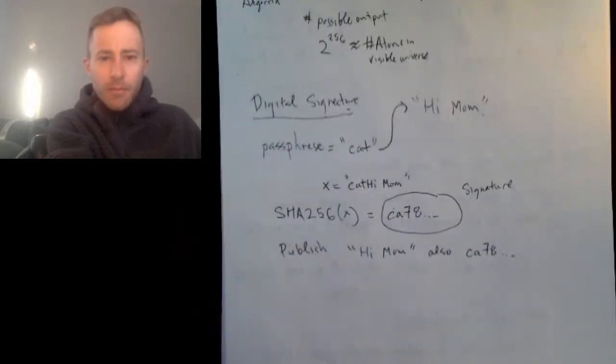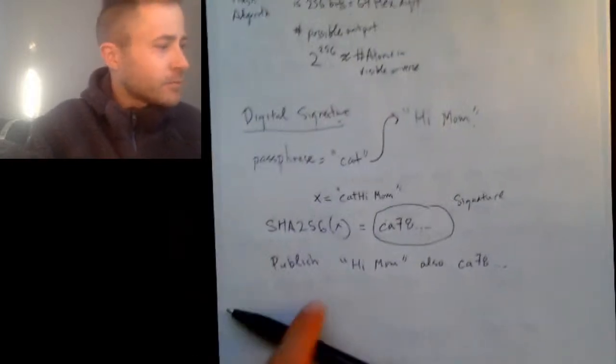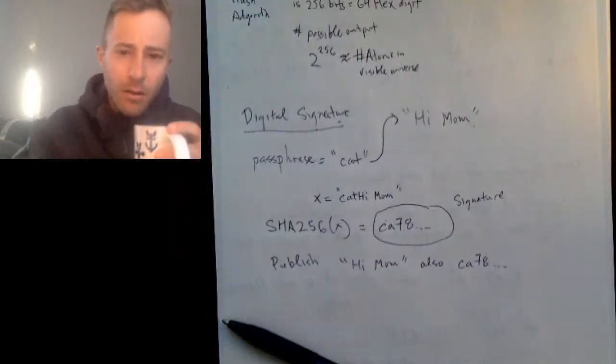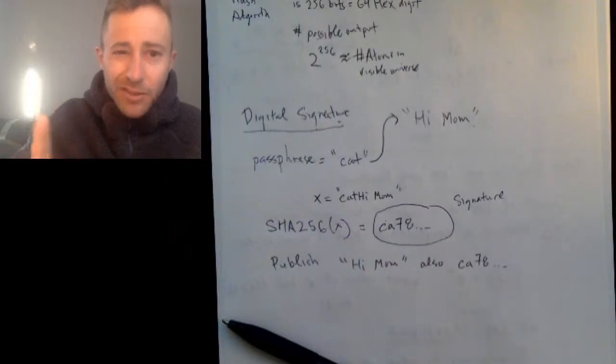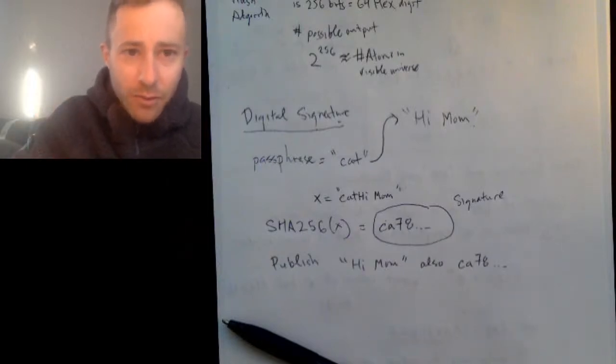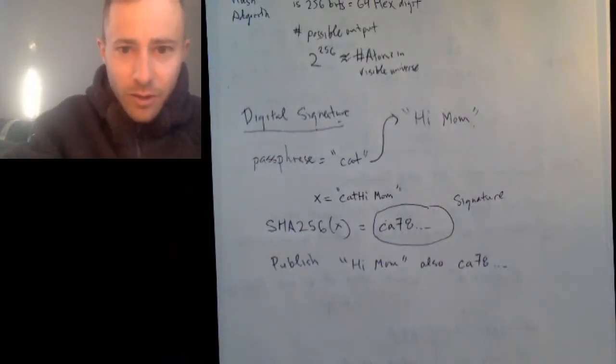All right. So now what happens if someone else wants to claim that they wrote hi mom? I would say, all right, give me the passphrase. And that person is going to say, oh, the passphrase is dog. Okay.